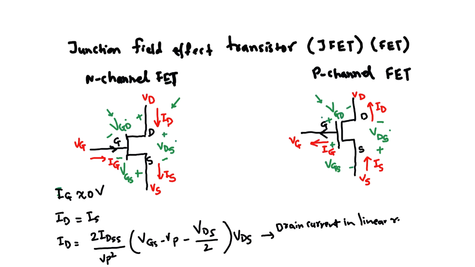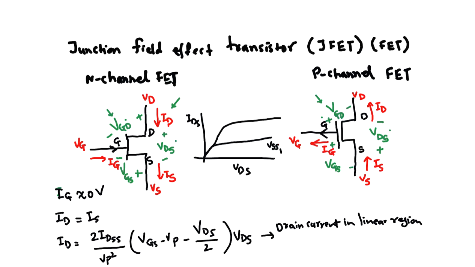So remember your characteristics, IDS versus VDS for the values of VGS. These are the characteristics for VGS1, VGS2. And here, this is the linear region of operation, and the rest here is the saturation region of operation where the current is saturated. So this is the expression for the drain current in the linear region.